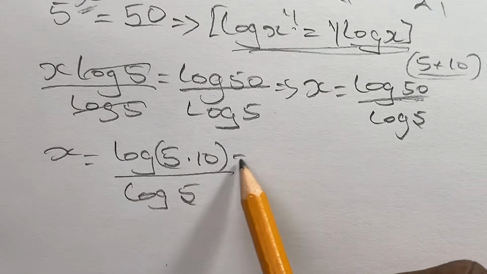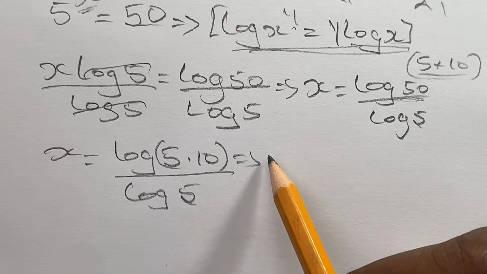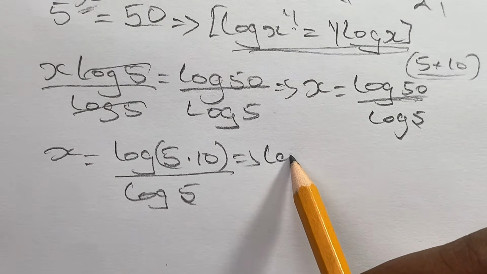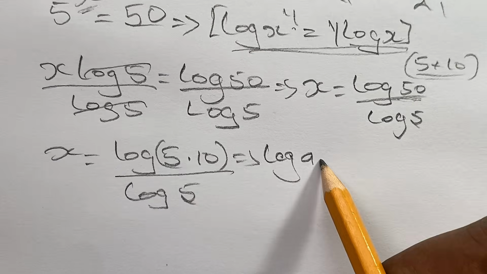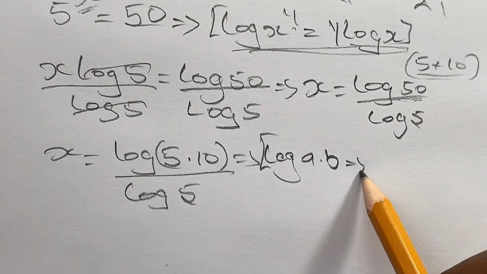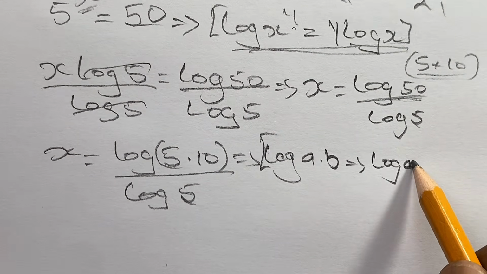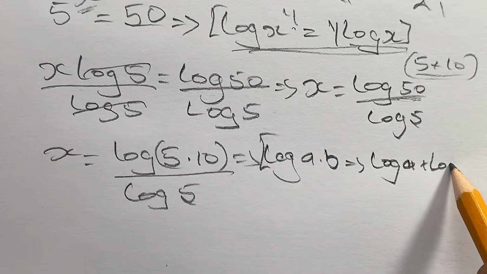Now here's another rule that we can look at. Where we have log 5 times 10, this is another logarithm rule: log a times b is the same as saying log a plus log b.